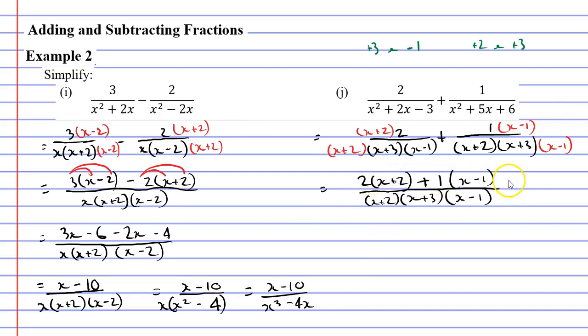So let's expand the numerator and combine like terms. We've got 2 times x and 2 times 2. So 2 times x is 2x and 2 times 2 is 4. And then we need to multiply positive 1 by x as well as negative 1. So 1 times x is 1x, or just x. And 1 times negative 1 will give us minus 1 here.